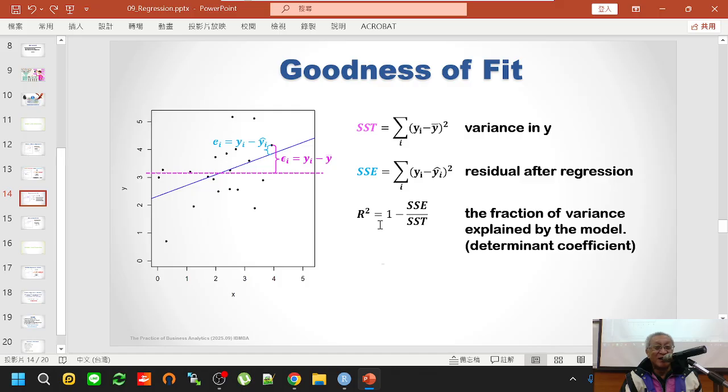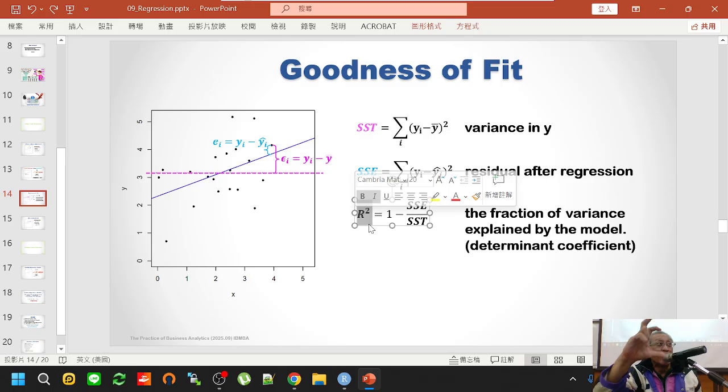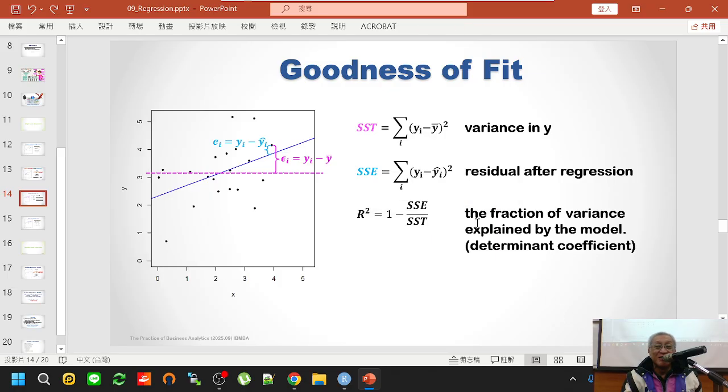So this R-square value is a value that ranges from 0 to 1. The largest value is 1, the smallest value is 0, and it actually implies the fraction of variance explained by the model. So for example, if R square is 60%, 0.6, it means that the model can reduce the error by 60%.